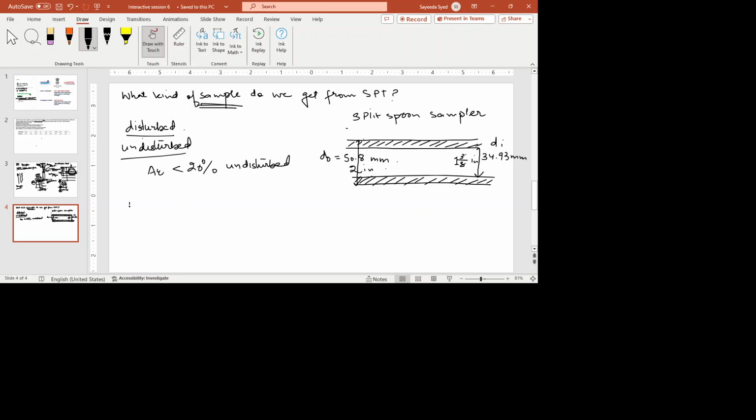So let us calculate the area ratio for this. We know area ratio is equivalent to D outer square minus D inner square over D inner square into 100. Let us take inches for now. So it is 2 square minus 1 3/8 square over 1 3/8 square into 100. Let us calculate this.